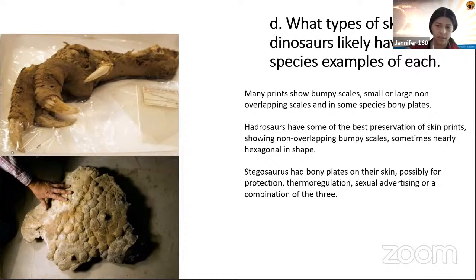Some examples would be on the first picture, which is a bit hard to pronounce, Megalopteryx. The second one will be the Triceratops skin. That's a bit easier to pronounce. The next one, I don't know if I'm going too fast, so I'm just gonna leave this here a little bit.